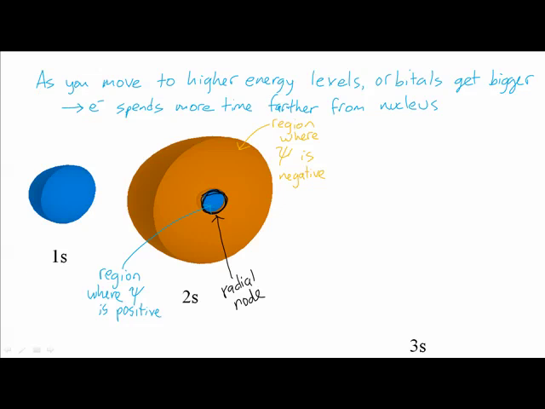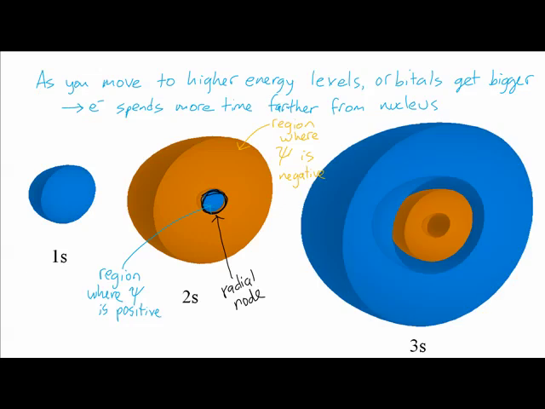Where it does come into play is when you're combining two orbitals, when you add two functions together. If one of them is positive and one of them is negative, they cancel each other out. But if they're both positive, they add up and become bigger. Or if they're both negative, they add up and become bigger. So it's a detail that I'm pointing out because when you want to combine orbitals, it becomes important.